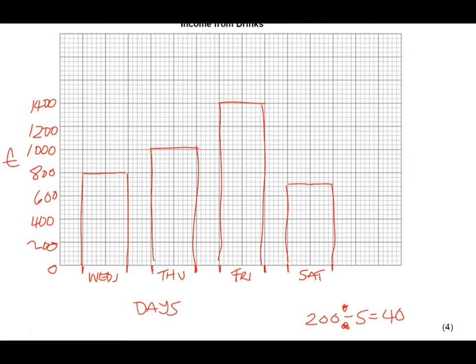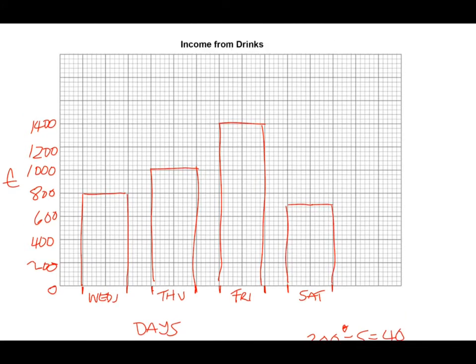And that's pretty much our bar chart. So income for drinks, good scale, axis labels, a bar for each of the four things we're trying to represent.